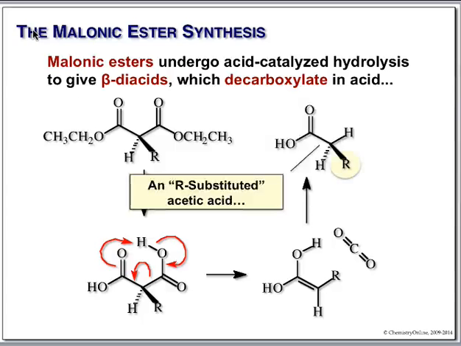The malonic ester synthesis gives us a way to make substituted acetic acids. The R group we stuck on here could be anything. So if you look at a synthesis and you say, okay, this is a substituted acetic acid, what you should say is, I can make that from malonic ester.